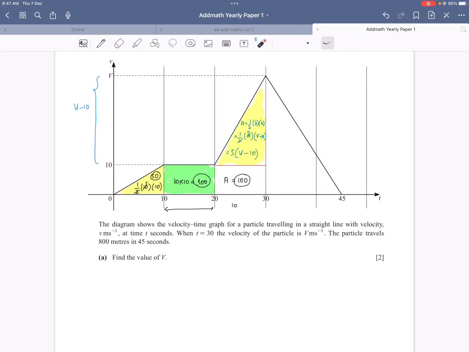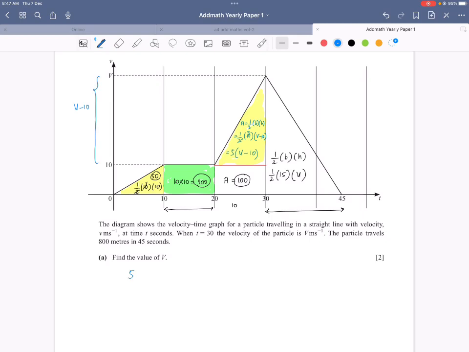After that, we have only this large triangle, right? The formula will be the same again, 1 upon 2 base into height. Base is the value on the x-axis, it's 15. So 1 upon 2, 15. And for this triangle, the height is v. Alright, now we have the area of all the regions. We need to add all of them.